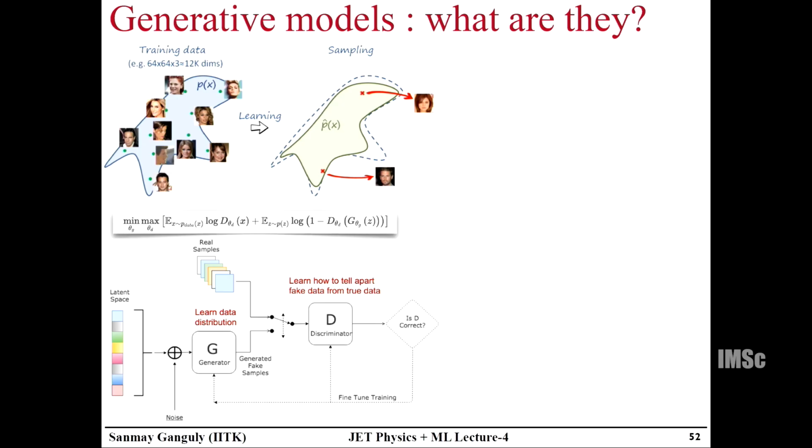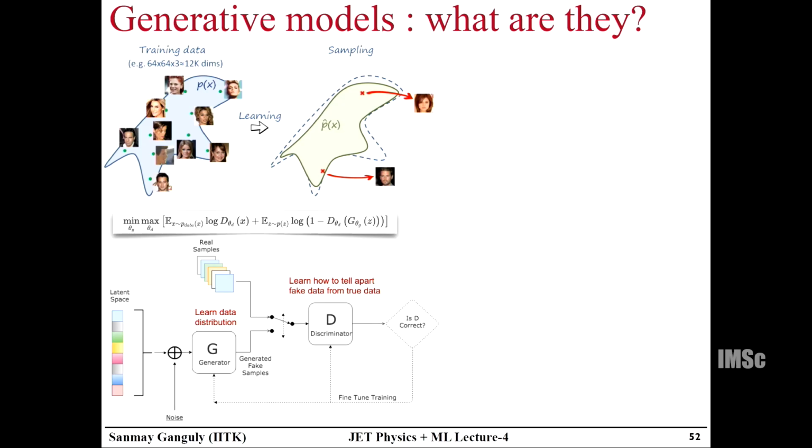One such thing is called an adversarial network. This is the diagram of something called a GAN. GAN is a generative adversarial model. So what is the idea? The idea is that I have some real data, and I have some random number space which I call latent space.